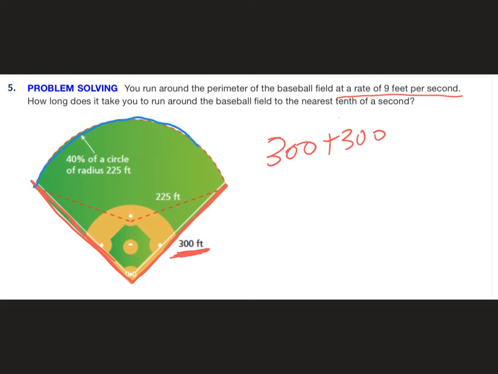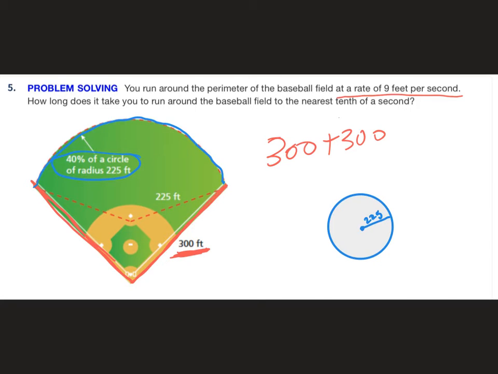So now the only thing we need to figure out is what is this arc? Okay, well, they tell us that this arc is 40% of a circle of radius 225 feet. Okay, so therefore, if we have a whole circle, then the radius, which is from the center out to the edge, is 225.